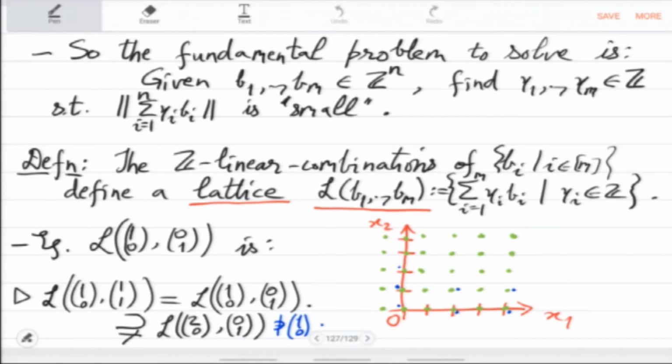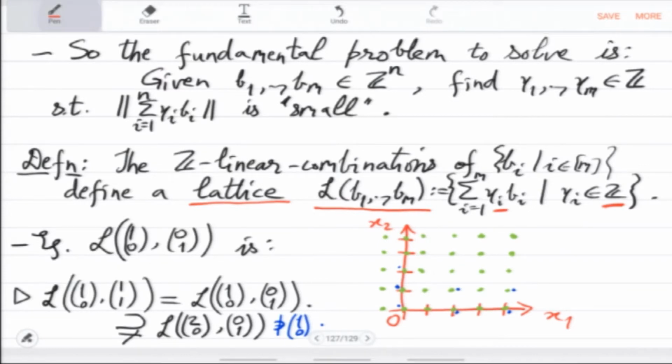In the input you are given basis elements, vectors b1 to bm, and the lattice generated by these vectors is the set of integral combinations. The important thing here is that the gamma i's that you are using are all integers.